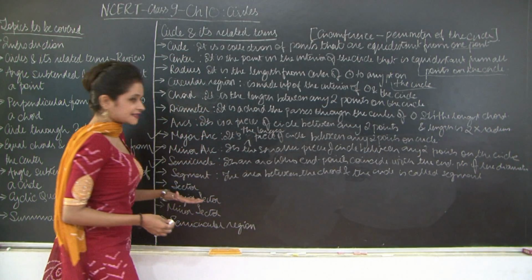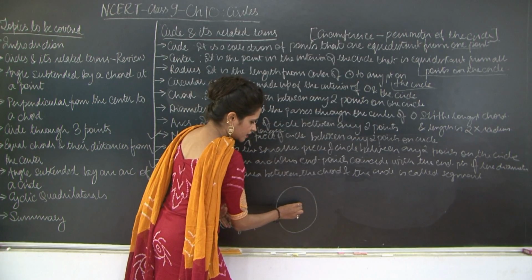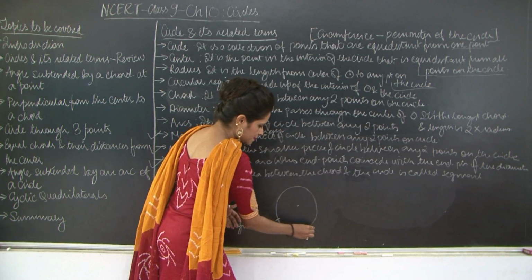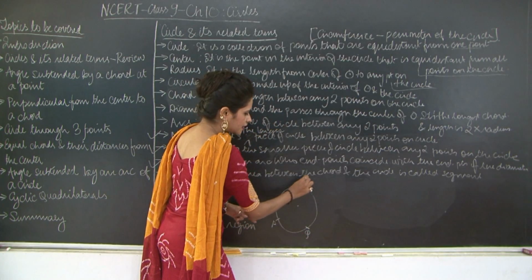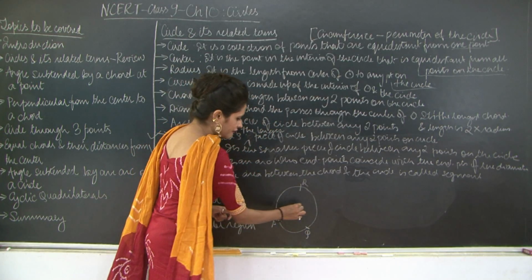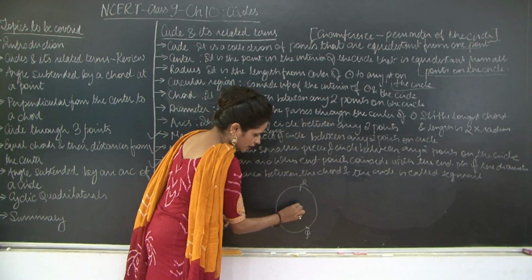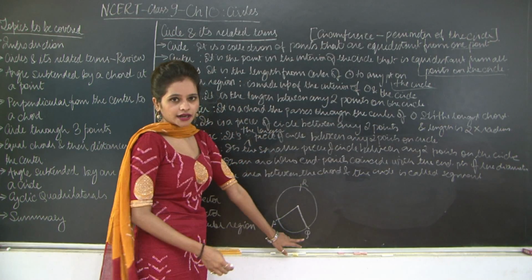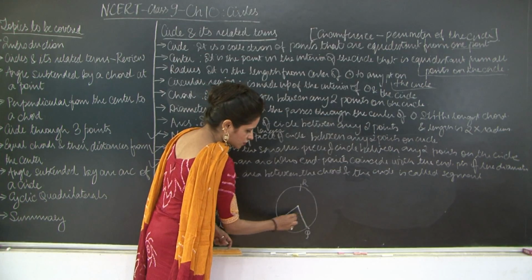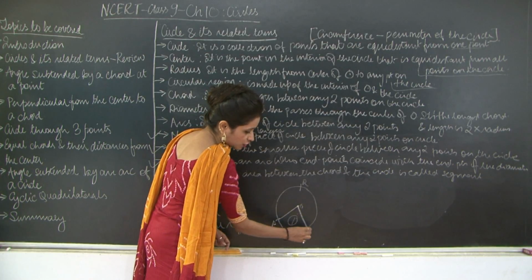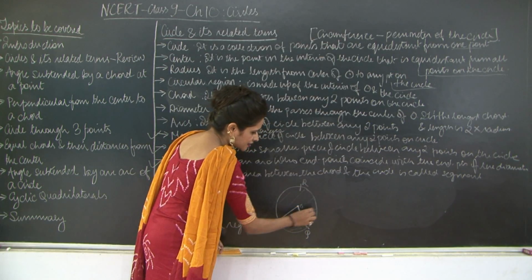So now let's learn about sectors. If I have a circle with center O and I take points P and Q such that PQ is an arc and PRQ is also an arc, and if I join the center of the circle to the end points of the arcs, then I get this entire section between O, P and Q, and I get this entire section.